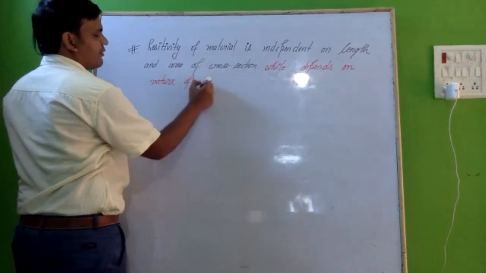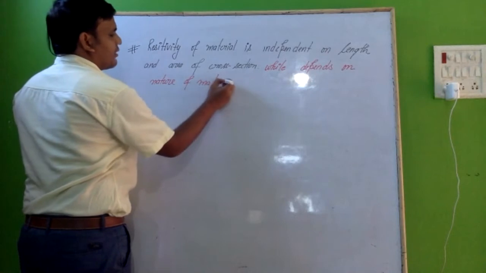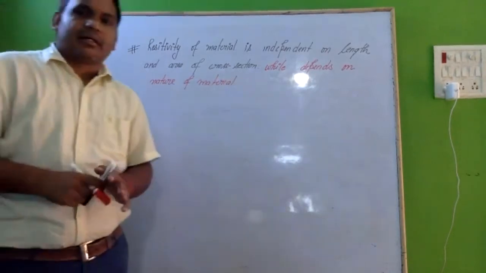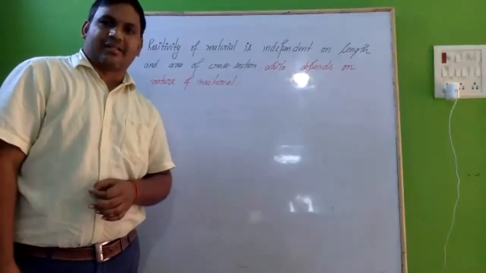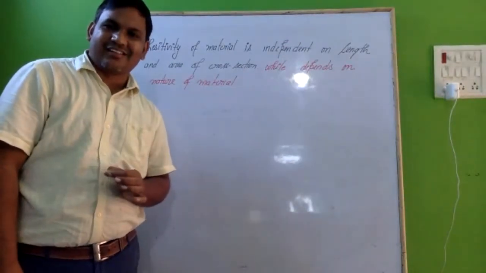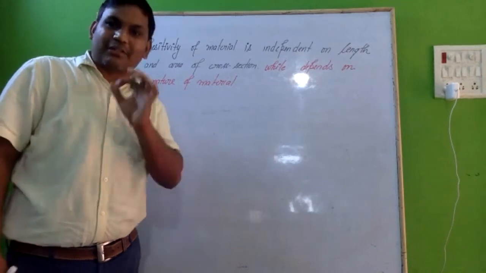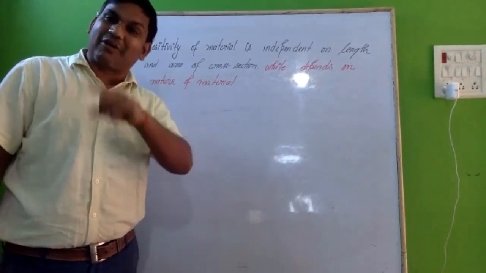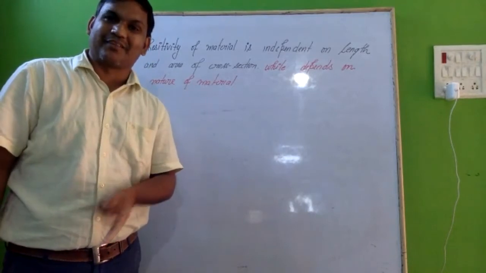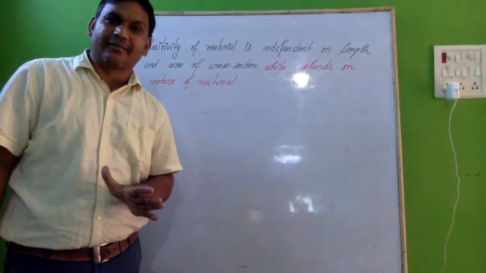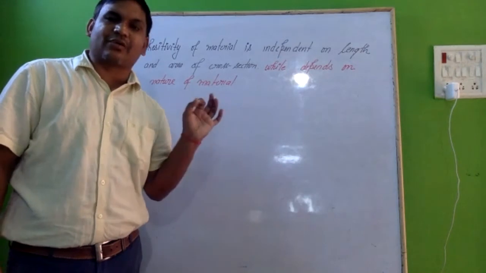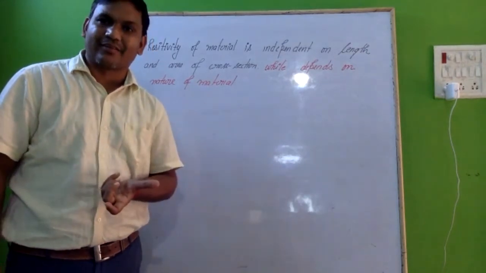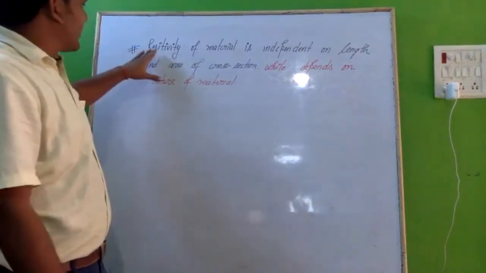Nature of material means what? Gold is a good conductor, isn't it? So the resistivity of a good conductor will be lesser. Getting my point or not?